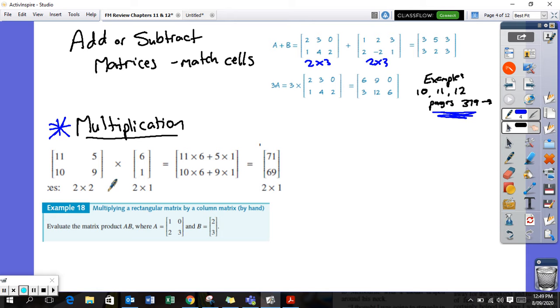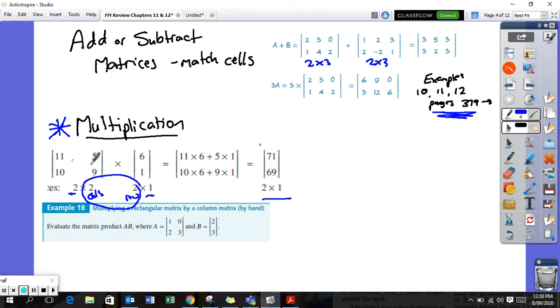This matrix is a 2 by 1, because the number of columns in the first matrix is equal to the number of rows in the second matrix. It is defined. If you ever get asked that question, don't just say that number and that number. Say the number of columns in the first matrix equals the number of rows in the second matrix, so it's defined. And what we end up with is a 2 by 1 matrix.